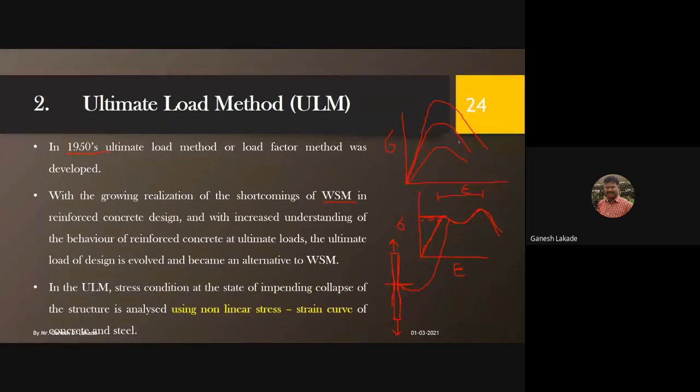These curves are called non-linear stress-strain curves, and whatever stresses develop at collapse, meaning when the structure or the metal fails, the exact stresses at that particular instance can be evaluated only by studying the non-linear relationship of the material. So that is considered in the ultimate load method.